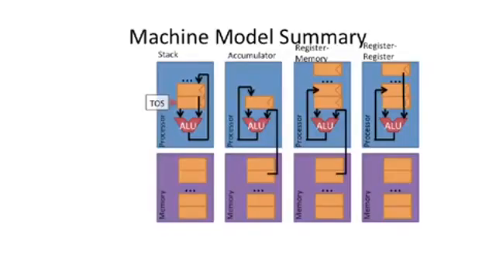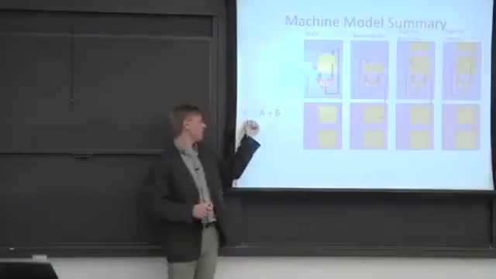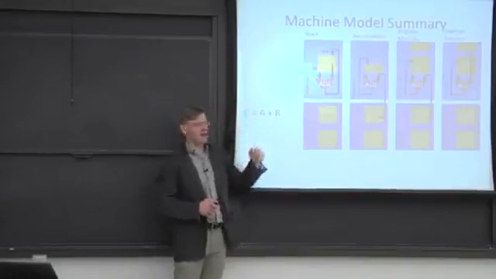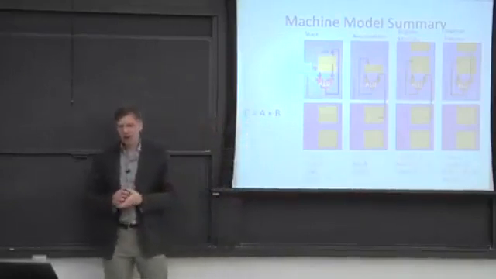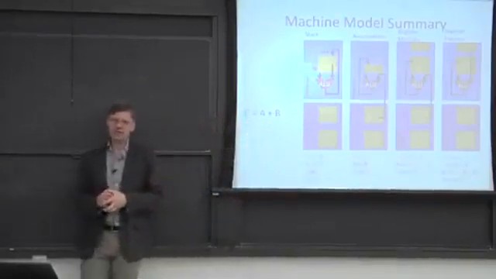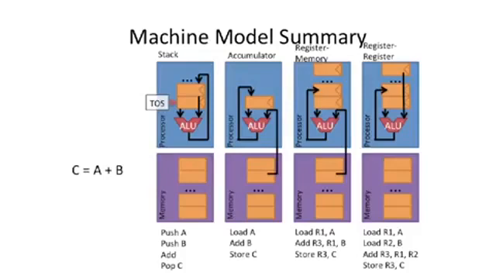OK, so to summarize different machine models, we have our stack, accumulator, register and memory, and register, sometimes called load-store architecture. If we want to take some expression here like C equals A plus B, we can look at the instructions that would have to be generated on an abstract architecture.